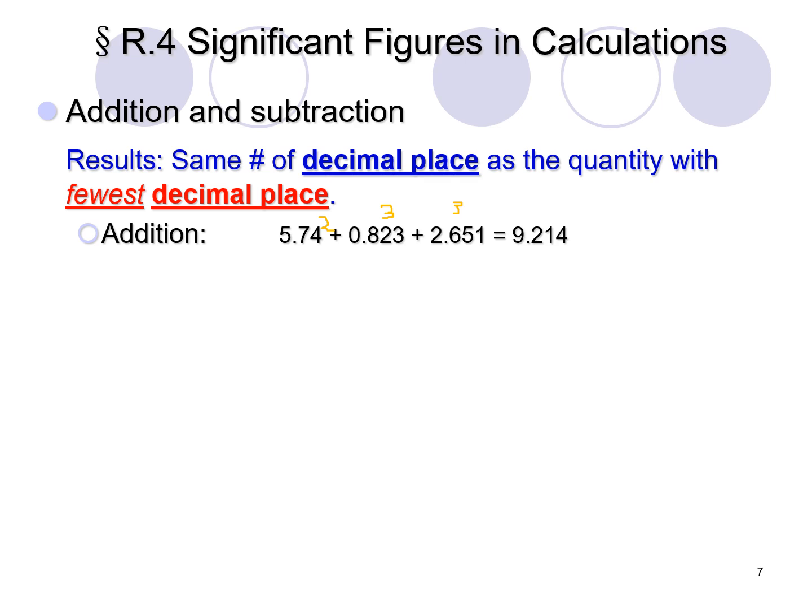Remember, fewest decimal places: 2. So which number should be our last digit? 1. That means 1 should be the last digit for us to report. All right. Why?